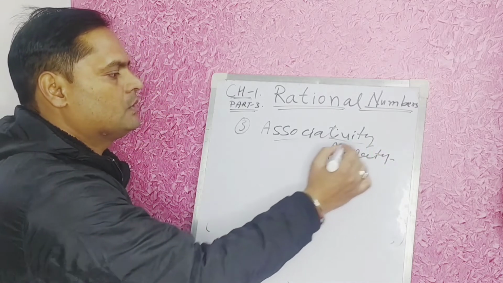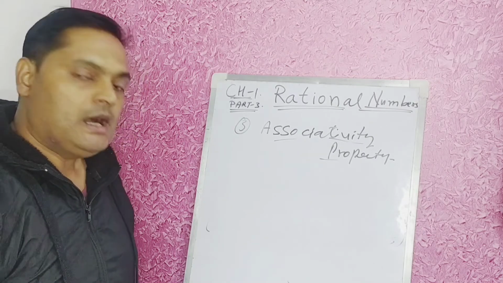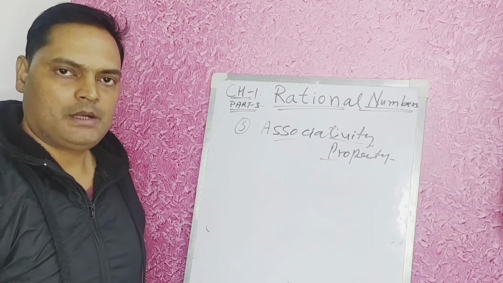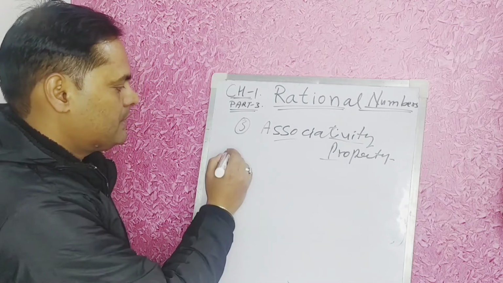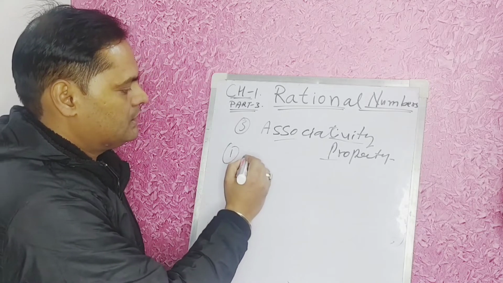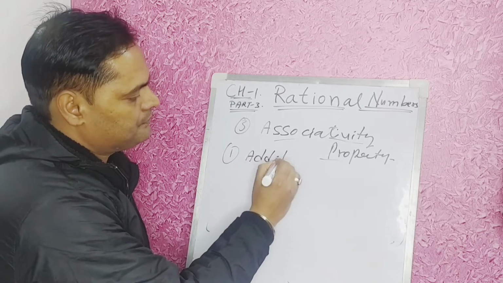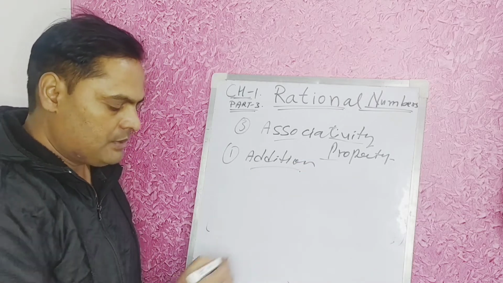Okay, so let's see how we can see and prove this associative property in the rational number. First of all, I start with the addition part. I have an example for this as well.